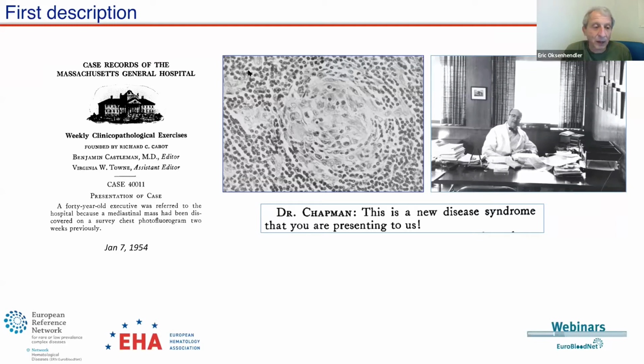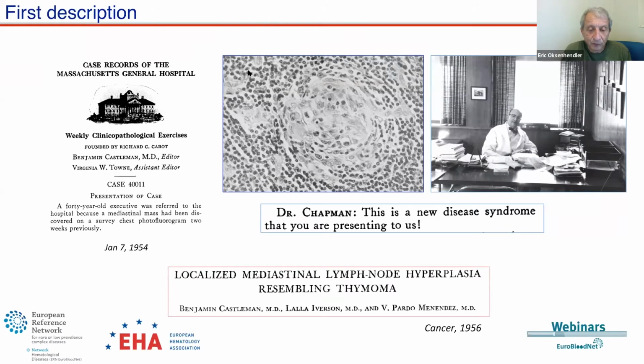And I guess Benjamin Castleman was convinced, since in the following 2 years, he gathered 13 new cases and described the disease, which we now know as Castleman disease. But he described the unicentric form, and this was due to the bias he used, as he just gathered cases of a unique mass presenting in the thorax.